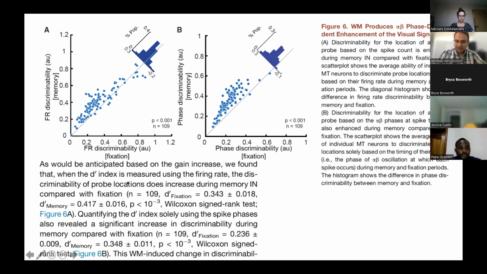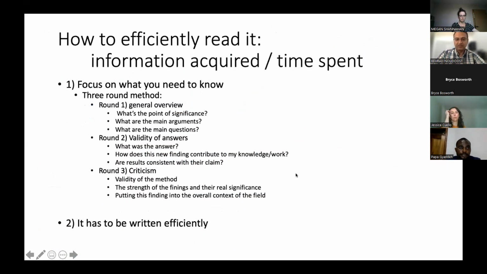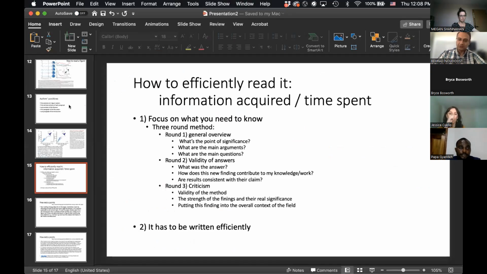And this is usually true for most scientific papers: you get an idea of what the figure is showing using the results section, and then an idea of what these results mean by reading the discussion. Or if it's your field and you're an expert, you can also interpret it yourself.